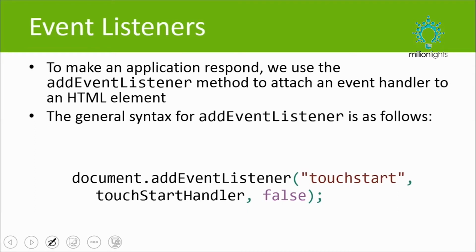And this is the general syntax below here, right? We have our touch event. Then we have our function. And my writing is atrocious today, so I'll apologize for that. And then finally, we're going to use the keyword false.